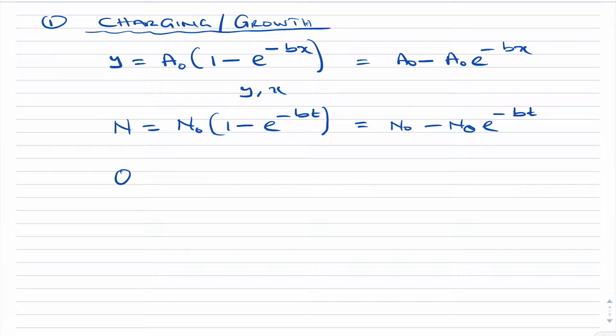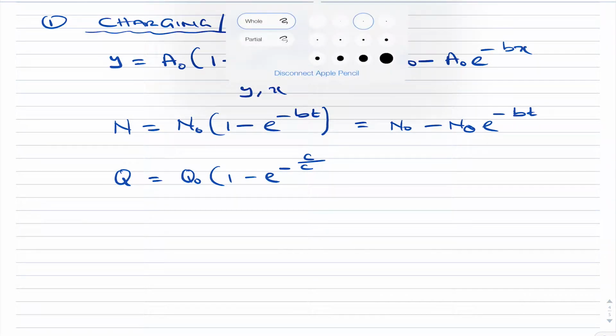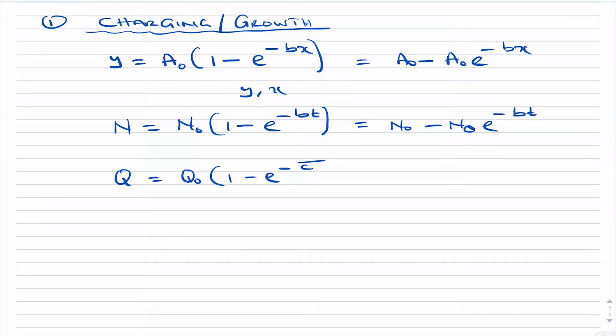Now Q is used for the capacitor, and Q naught will be the initial charge on the capacitor, Q naught into bracket 1 minus e to the power minus t over CR. So that would be t over CR.